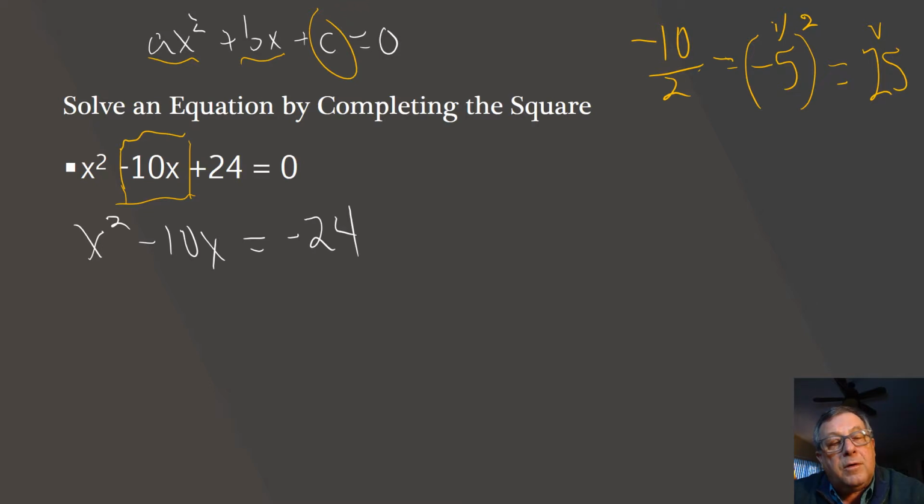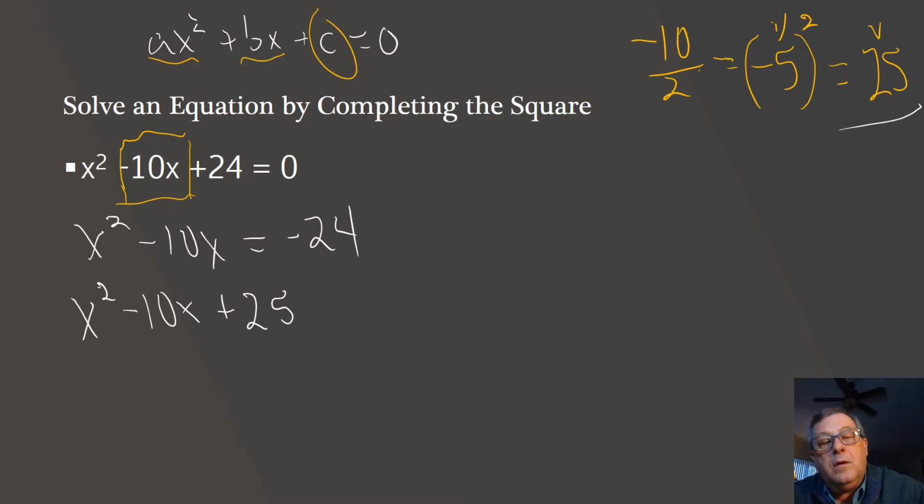So now I'm going to go x squared minus 10x plus this 25 that we found right here equals negative 24. Now, what I do to one side of the equation, I must do to the other. I just added 25 to the left side, so now I've got to add 25 to this side.